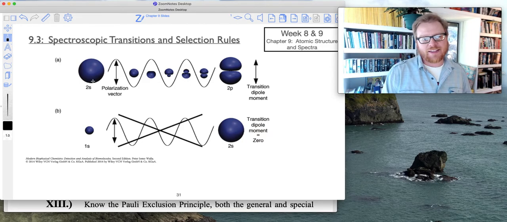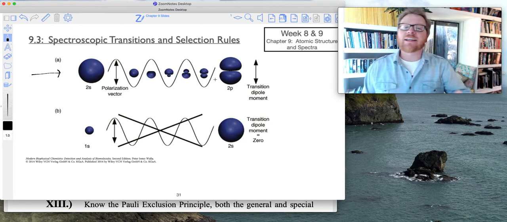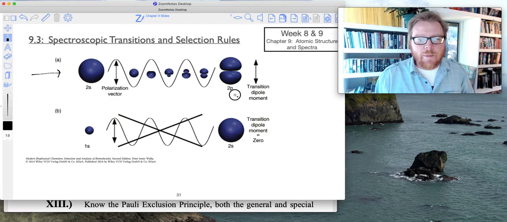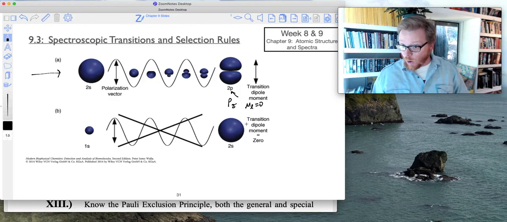So if we think about this s orbital right here, and we're shining light on this thing, this is showing you light that is polarized in the z direction. So we'll make a note here that this is pz, in other words, ml equals 0.